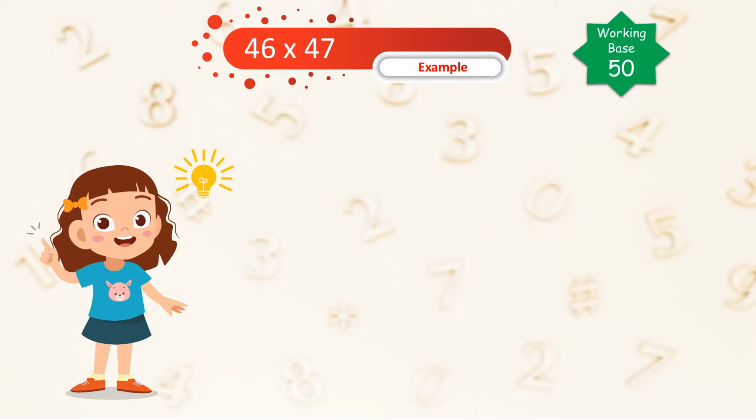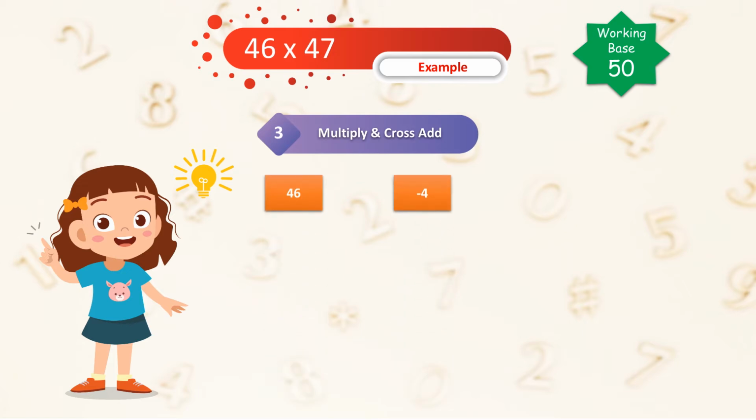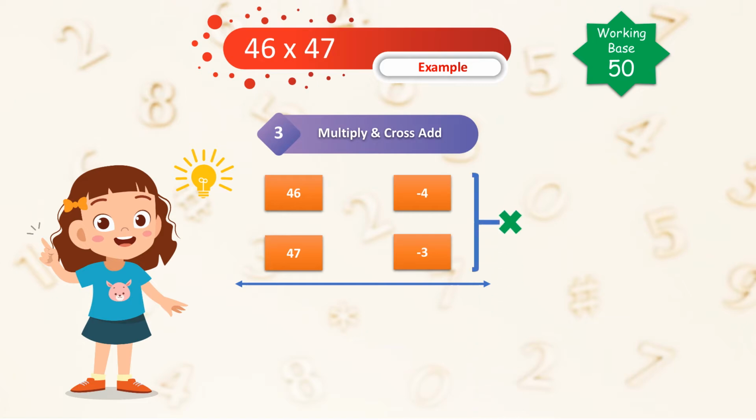We now proceed to step 3, which is to multiply and cross add. There are 2 different steps that you need to perform in this step. The first part is to multiply the numbers minus 4 and minus 3. When you multiply minus 4 and minus 3, you get 12.